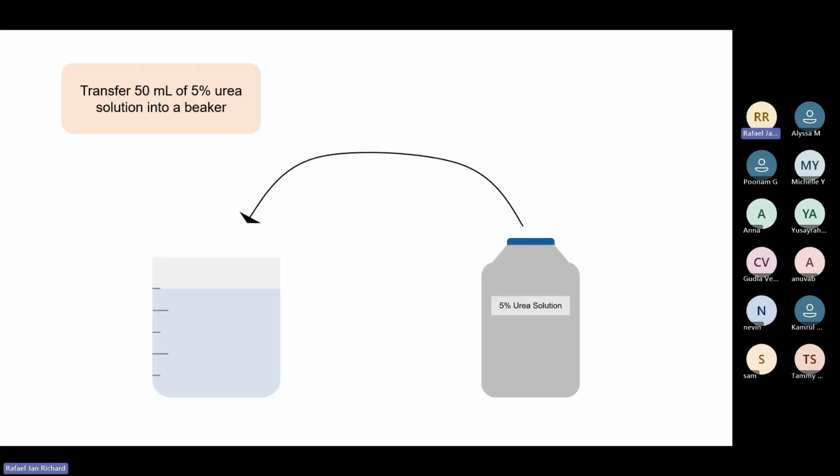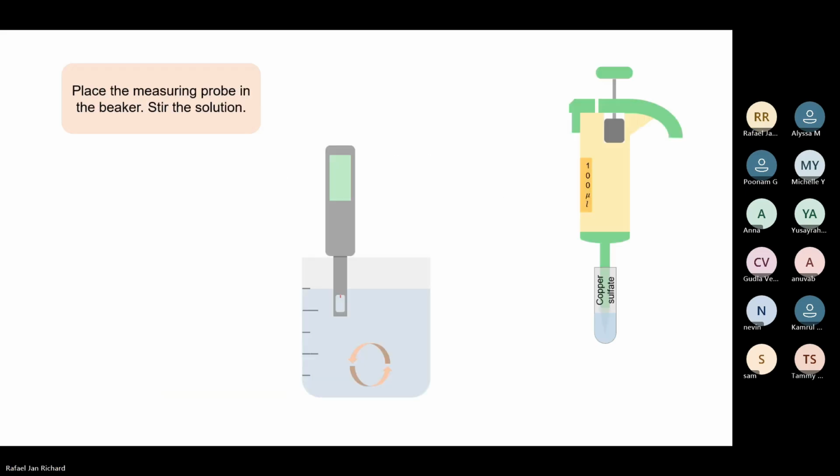So the first step in this experiment is to transfer 50 milliliters of 5% urea solution into a beaker. Then you have to place the measuring probe inside the beaker, and then you have to stir the whole solution. As you can see here, we have to make it homogeneous.